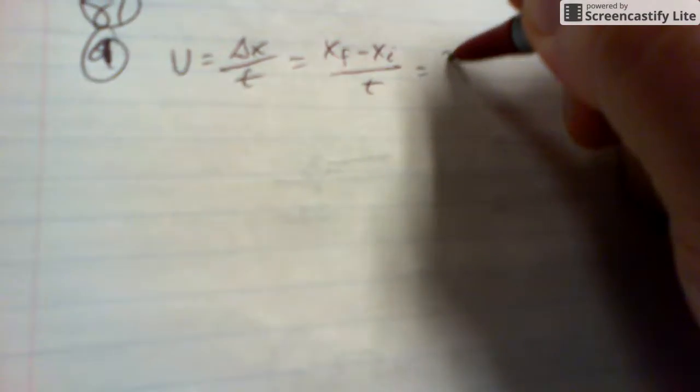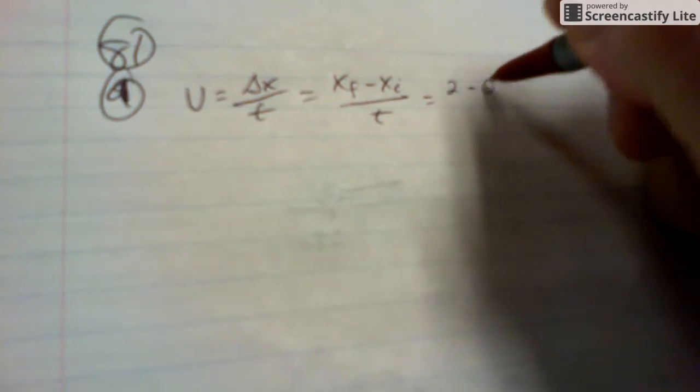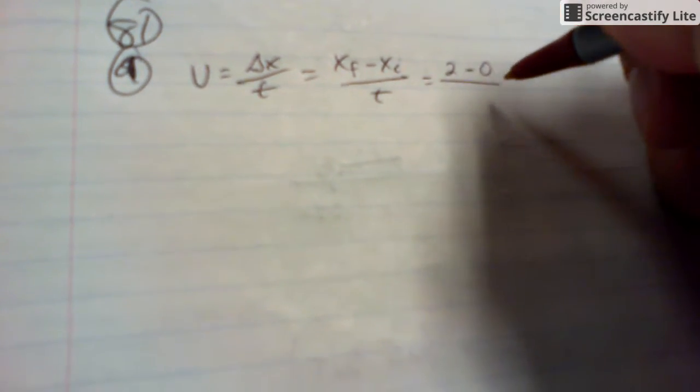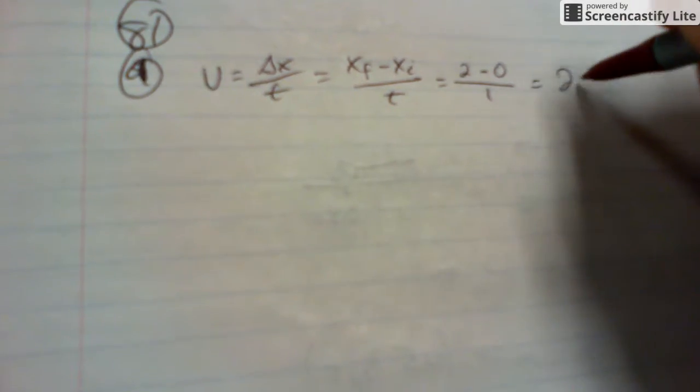Still looking at this chart, your final position for that section, 0 to 1 seconds, is 2. Your initial position was 0 over a time of 1 second. So your velocity is quite simply 2 meters per second.